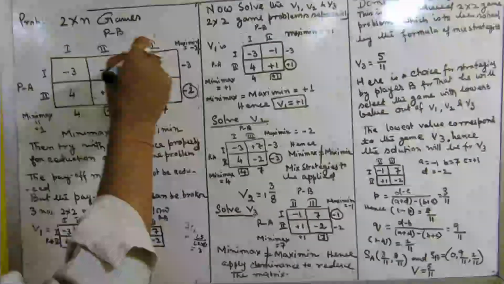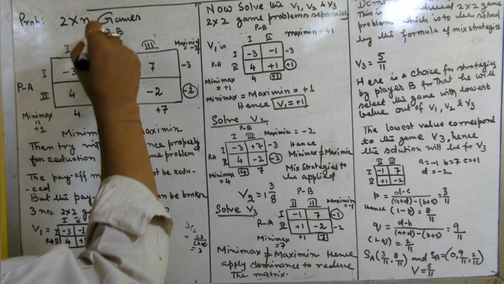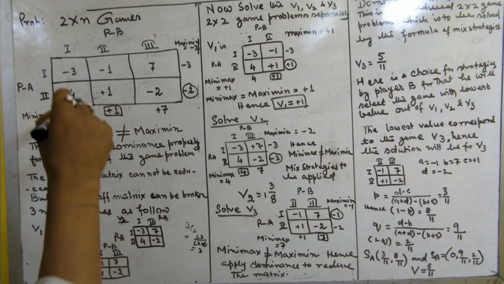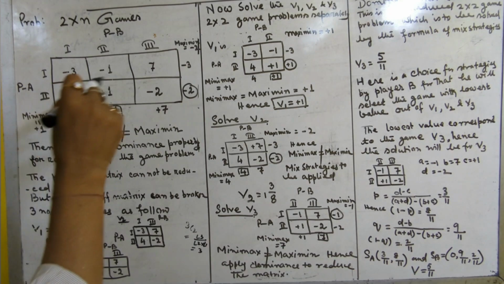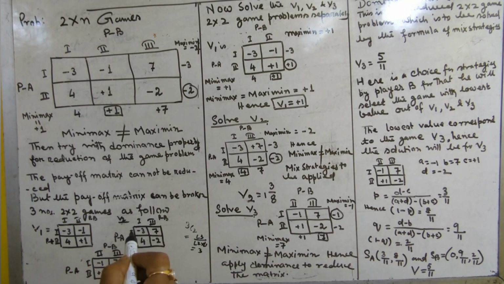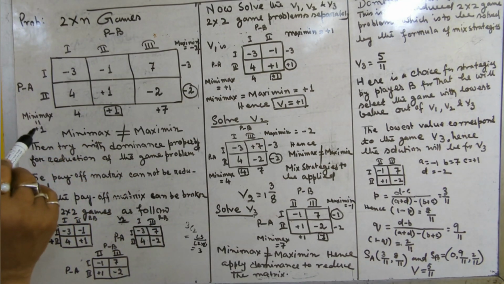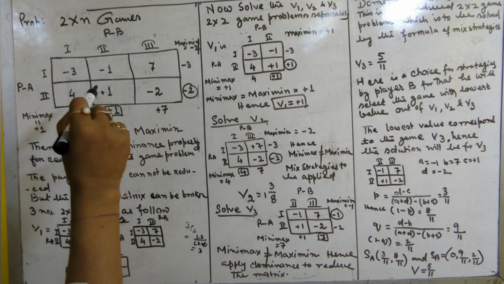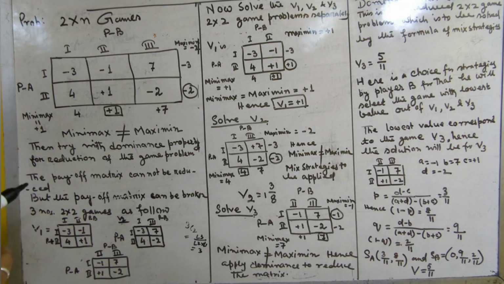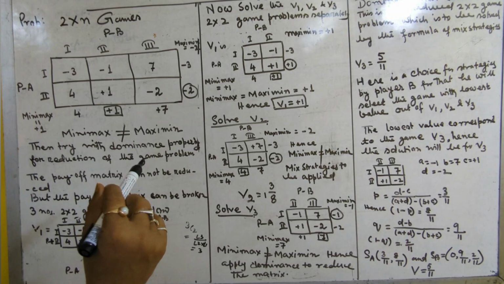And the number of strategies is larger for player B, that means the option is with B. B will always try to take the game value of the 2 by 2 which is minimum, because the matrix is in favor of A, whatever the value it is, it is gained by player A. That's why we have to compute the value of the game for the 3 matrices of 2 by 2, V1, V2 and V3, and out of them we have to select the one where the value is minimum.